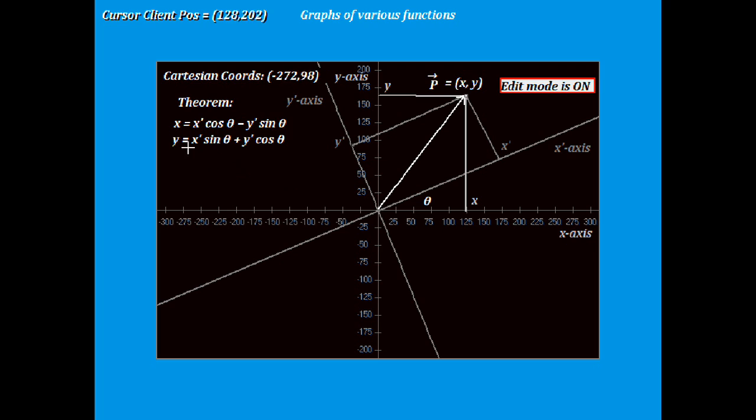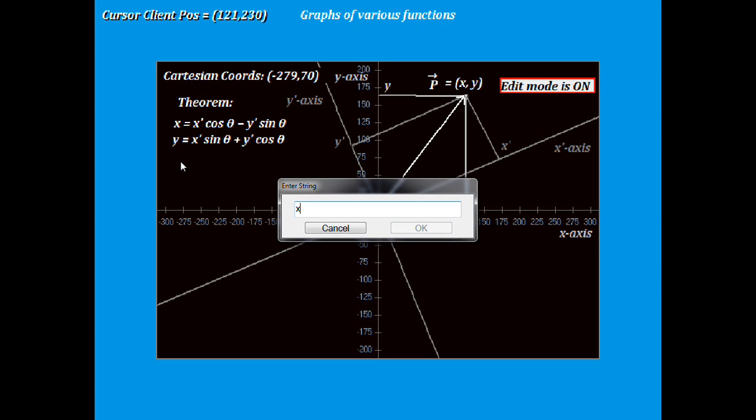And you can write x prime and y prime in terms of the x's this way. X prime equals x cos theta plus y sine theta. Okay.